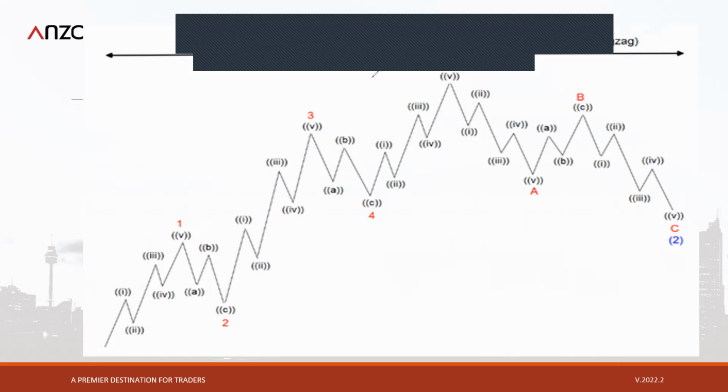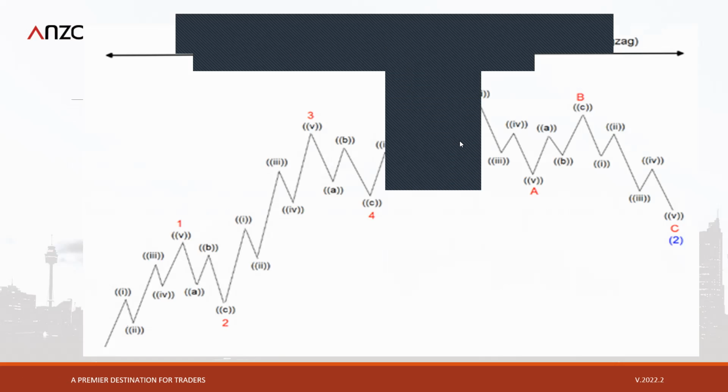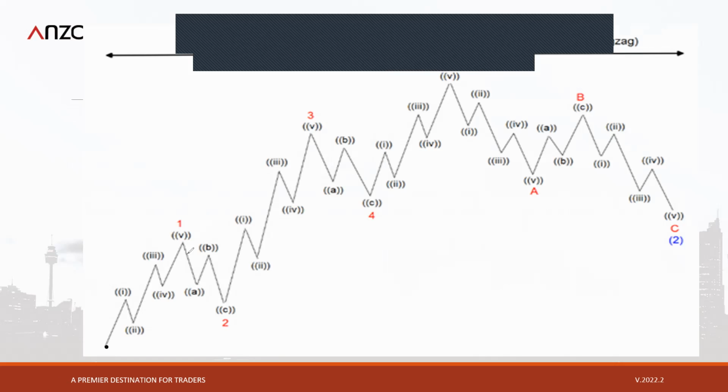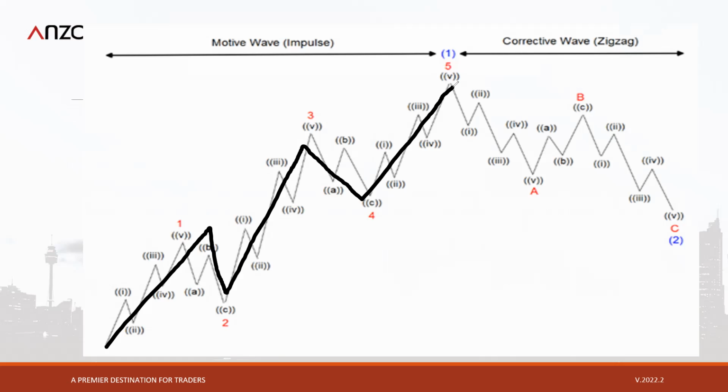So let me make this line thicker. Okay, so looking at this here, this is a wave 1, 2, 3, 4, 5, and then the corrective 1, 2, 3, right? So this is a full Elliott wave in itself.